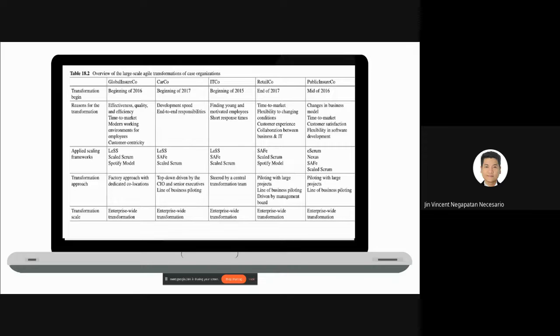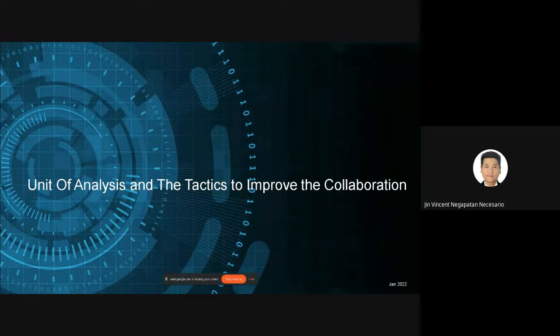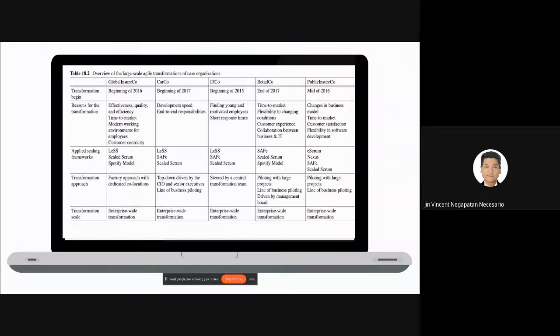Not unlike in Scrum, there are different feature teams within the Agile team, wherein they collaborate more and they own the system itself. So the collaboration you're going to see is based on the case study. So for that, let's try to see the detailed unit of analysis and the tactics to improve the collaboration.